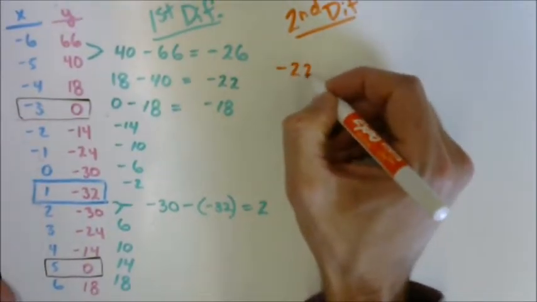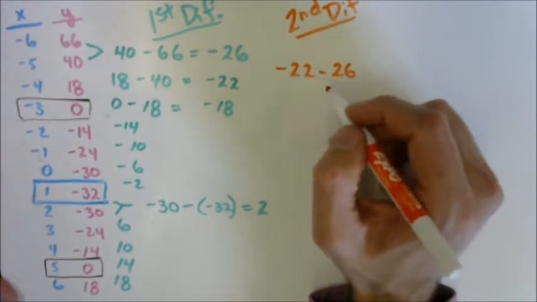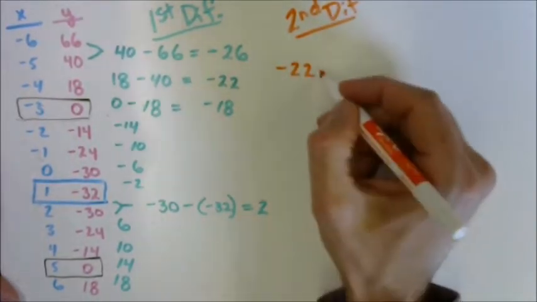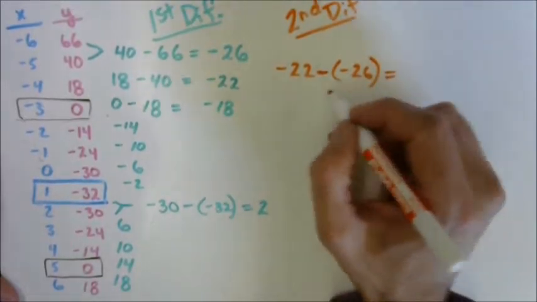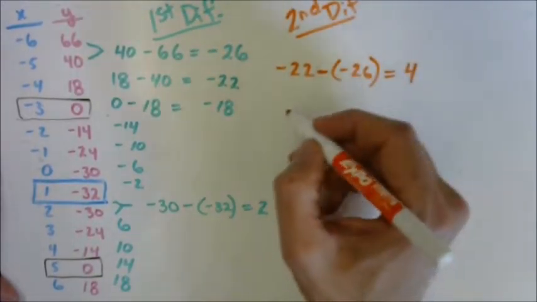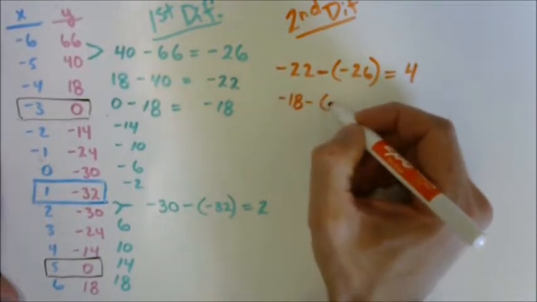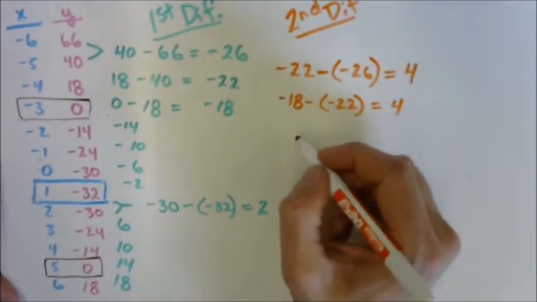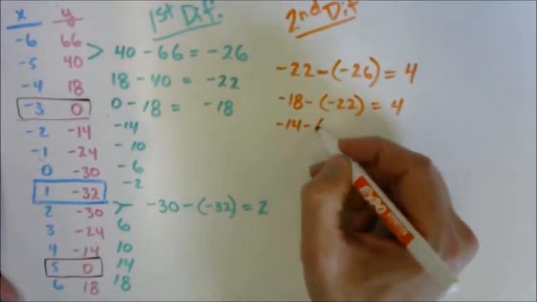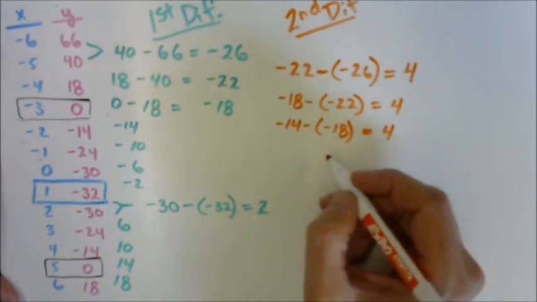Here we have negative 22 minus 26. Oh, sorry, already an error. Negative 22 minus negative 26. That's negative 22 plus 26, which is 4. Here we have negative 18 minus negative 22, which is 4. Here we have negative 14 minus negative 18, which is positive 4.